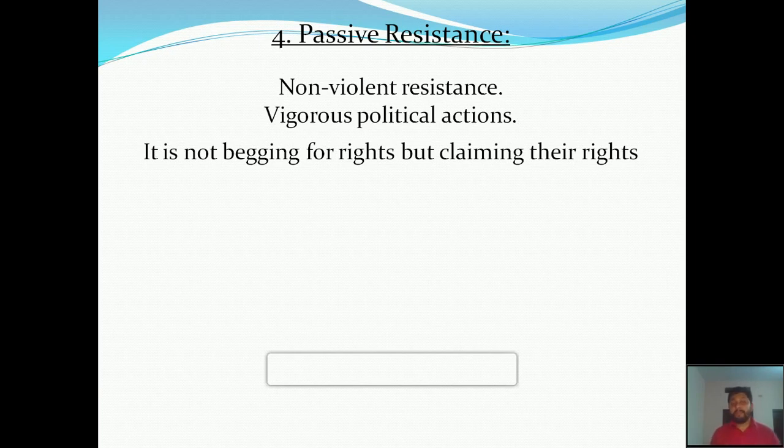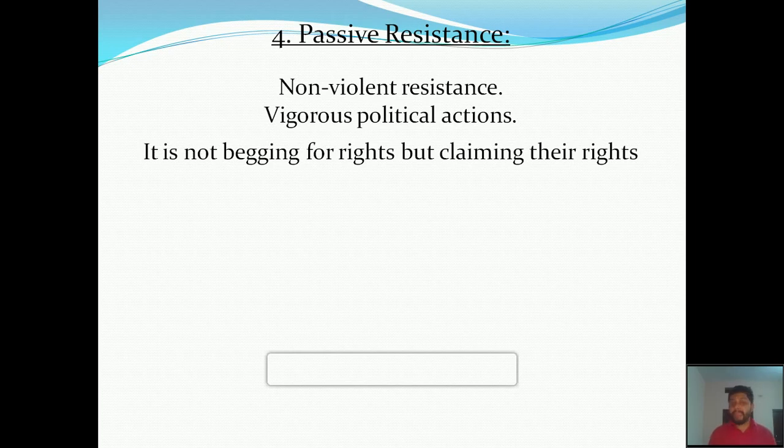We can achieve any aim through two different measures: one is non-violent measures and the other is violent measures. And they have told, we are actually not begging for our freedom. We are not begging for our rights, but rather we are claiming our rights. Begging and claiming are two different elements.